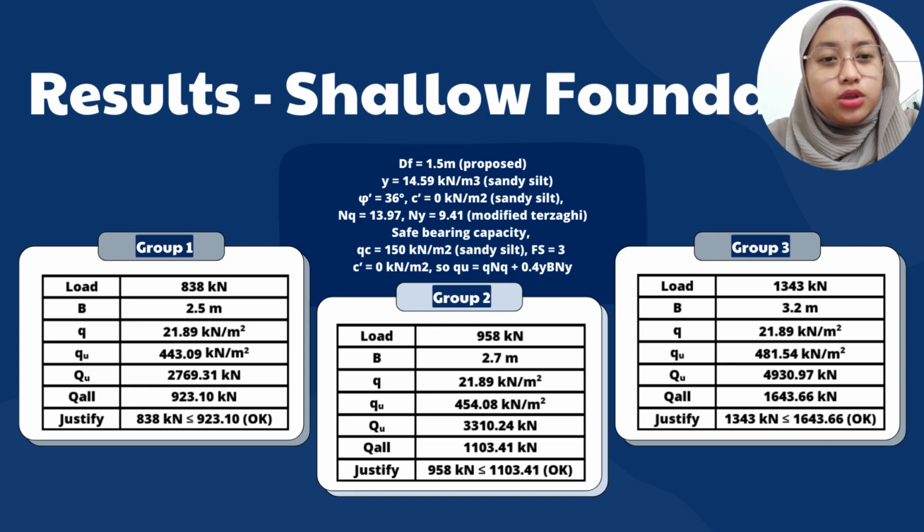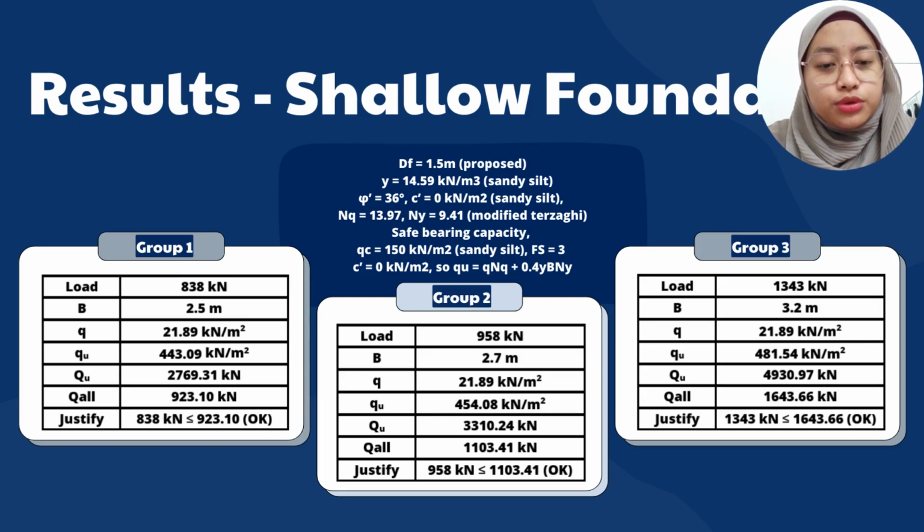We got B 2.5 meters, q 21.89 kN per meter squared, qu 444.09 kN per meter squared, Q ultimate 2769.31 kN, and the Q allowable is 923.10 kN. Since the applied load is smaller than the allowable, we can justify that the design is satisfied.